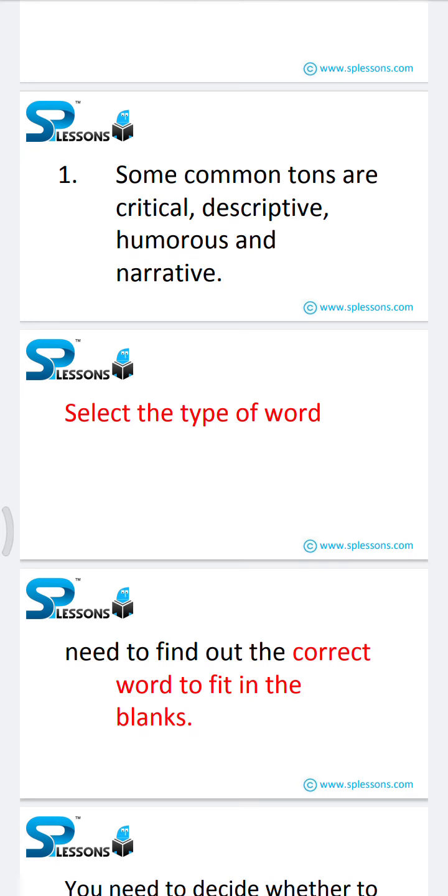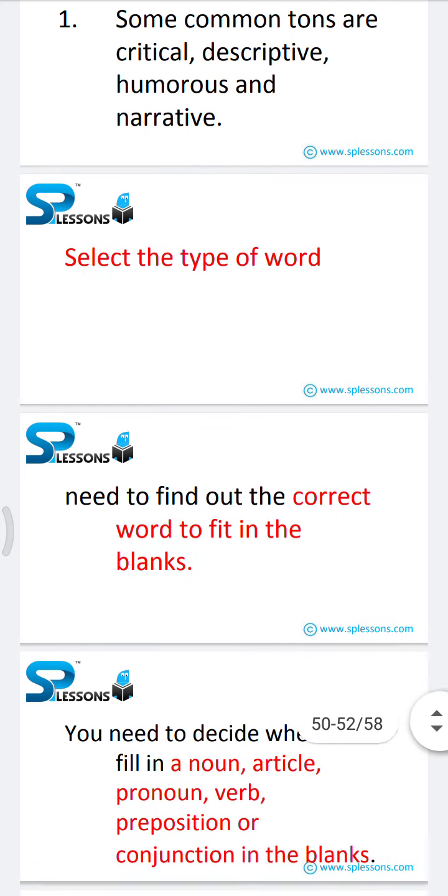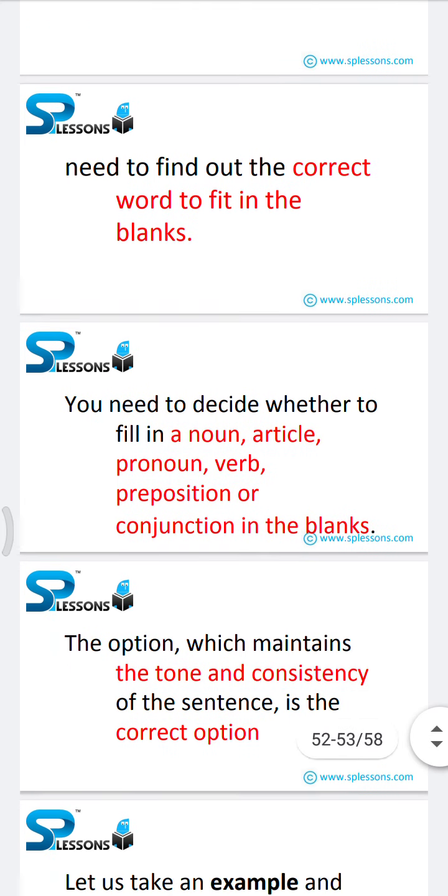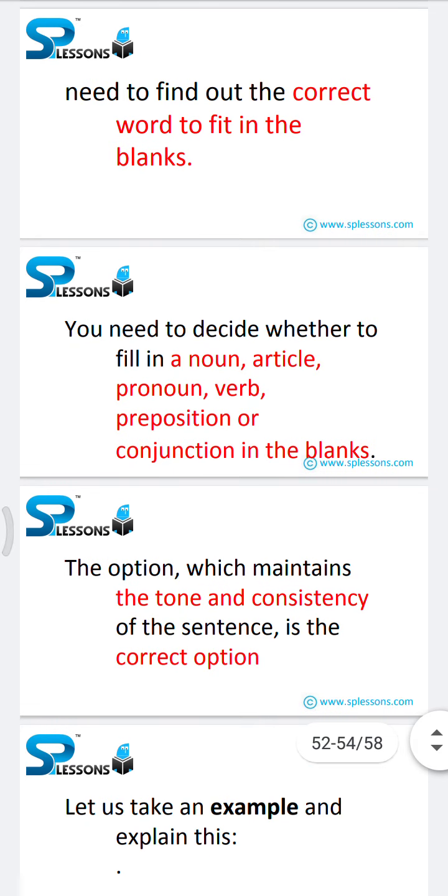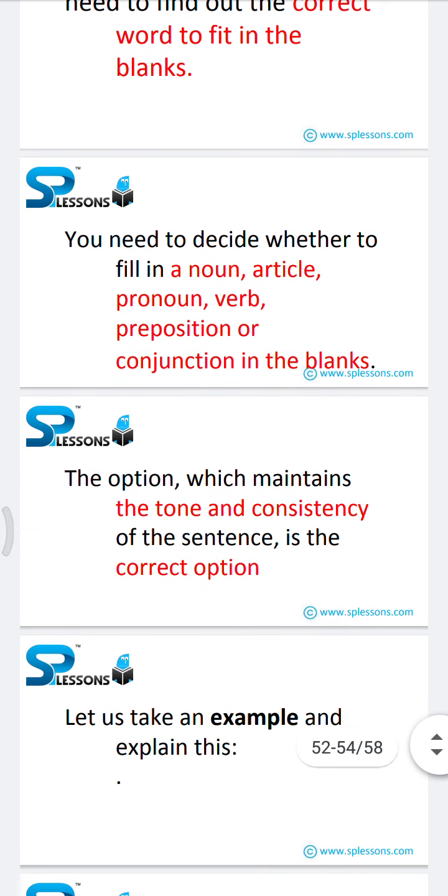Third tip: select the type of word. Once you have understood the tone of the passage or the sentence, as in the second tip, you need to find the correct word to fit in the blanks. You need to decide whether to fill in a noun, article, pronoun, verb, preposition, or conjunction. The option which maintains the tone and consistency of the sentence is the correct option.